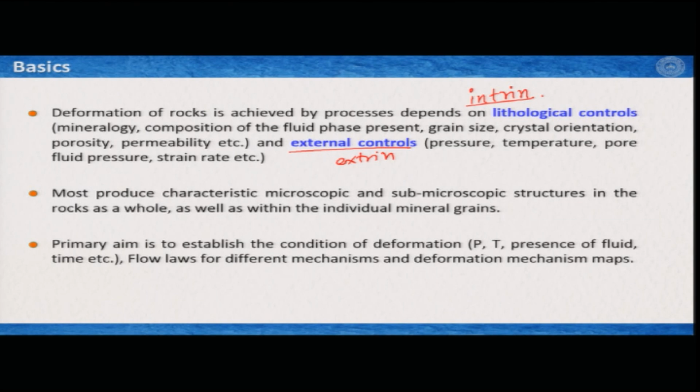Now while these parameters are controlling the deformation processes, and while the deformation does happen under different controls, they produce characteristic microstructures and submicroscopic features. What I mean by that is a rock that has undergone brittle deformation would have a very typical microstructure compared to a rock that has undergone ductile deformation.